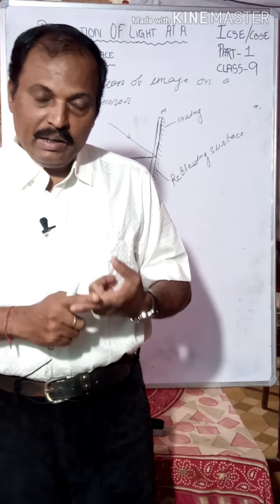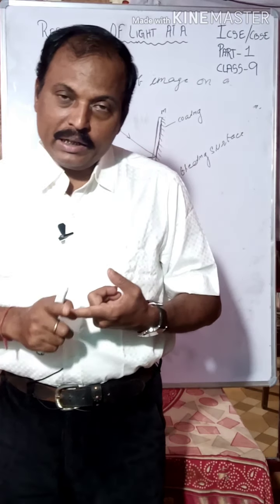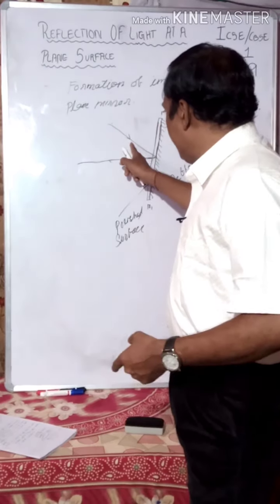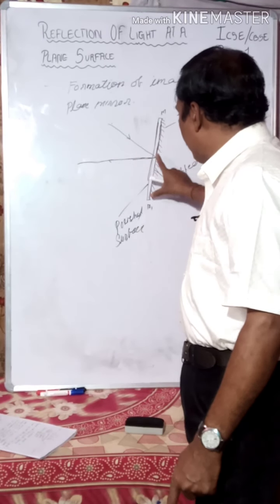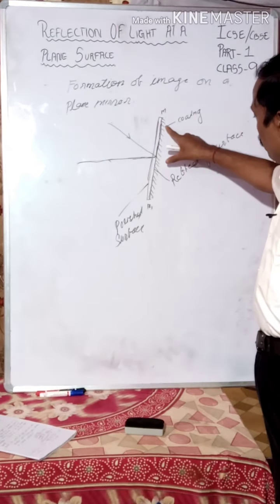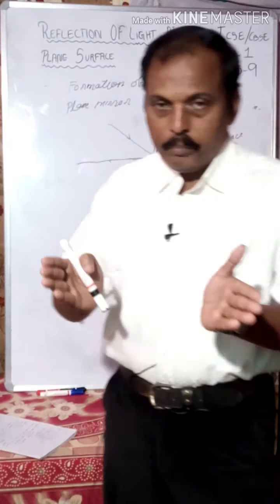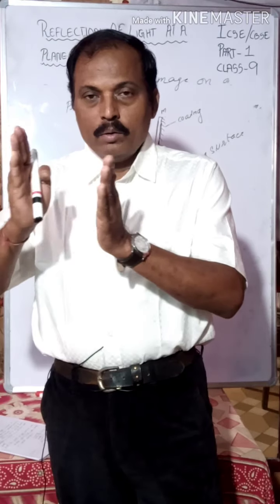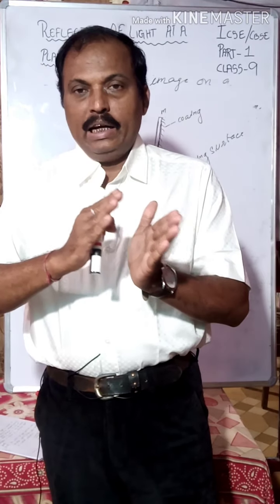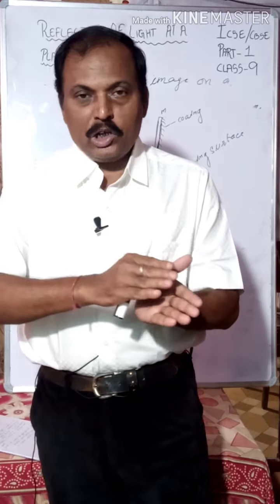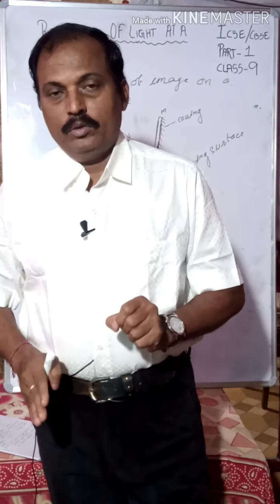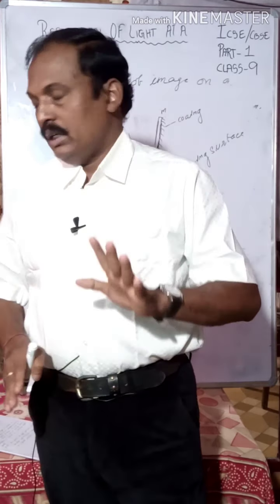So this is the incident ray, this is the reflected ray, and this is a plane mirror. The back side of the plane mirror has a coating. If you open the mirror, the back side is a coating. Before the coating, there is a silver surface, and after the silver surface, there is glass, which is polished.